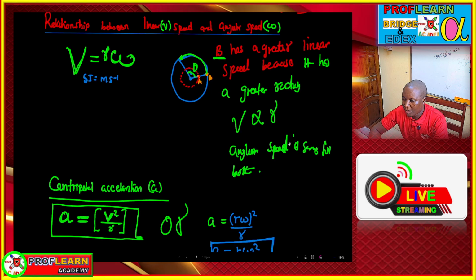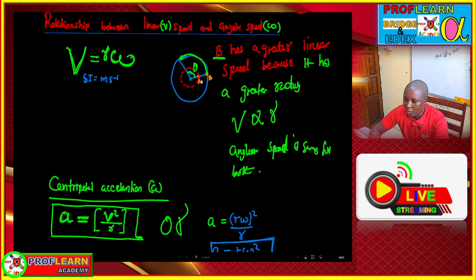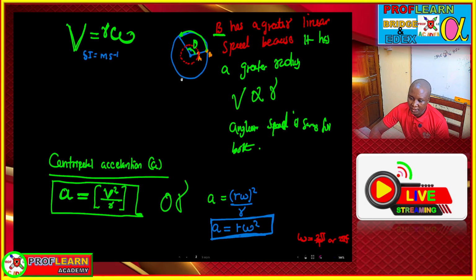And in that case, for the two particles A and B, which are moving in the same circular path, what is the same is the angular displacement. Angular speed is the same because both of them are going to sweep the same value of the angle at the center.